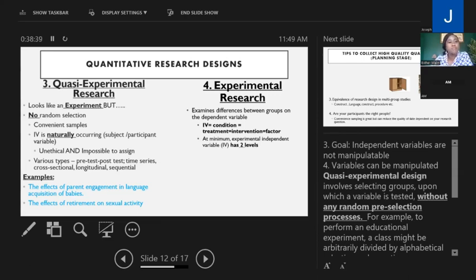But in terms of quasi-experimental research, the IVs are typically naturally occurring and oftentimes linked to the participant in a way that you cannot manipulate. So for example, let's say you want to look at the ethnicity of parents and their engagement with their children, which is associated with language acquisition.